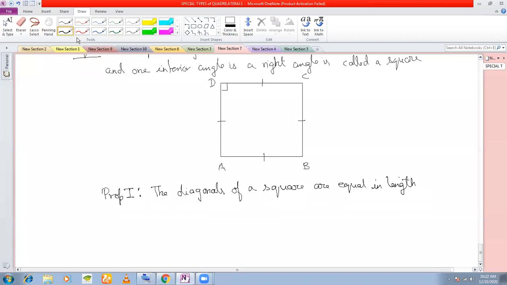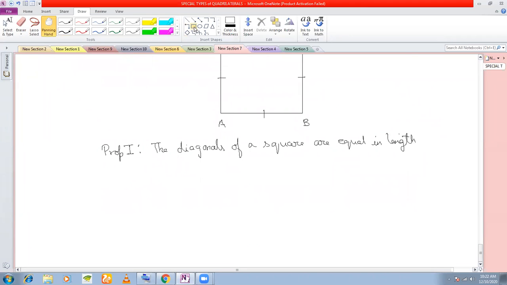What does this mean? Let us draw a square. Draw the diagonals.